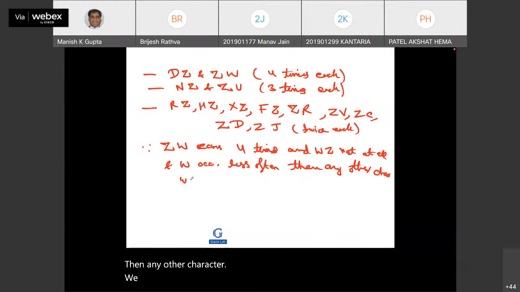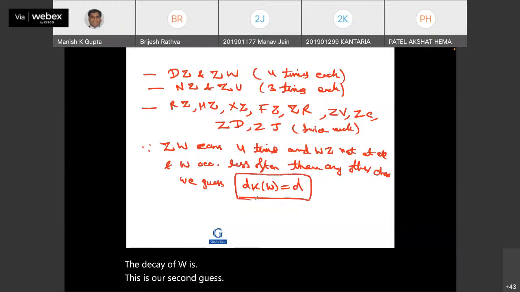We guess the dk of W is D. This is our second guess, based again on the Pfeiffer table.